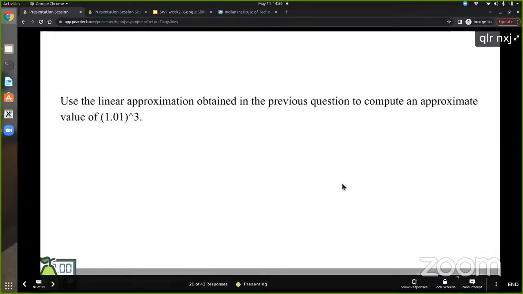A couple of students have entered an incorrect answer.